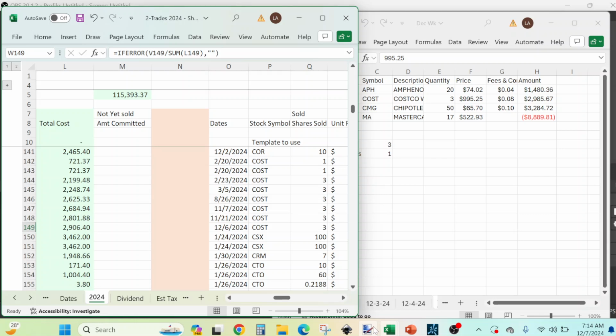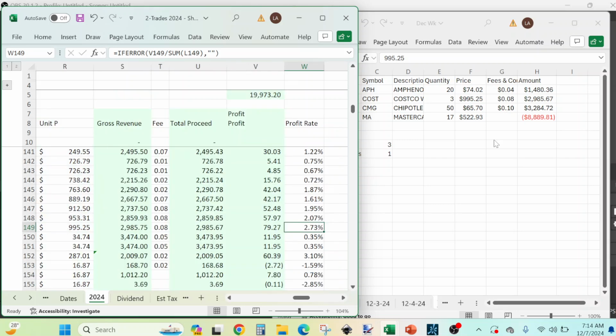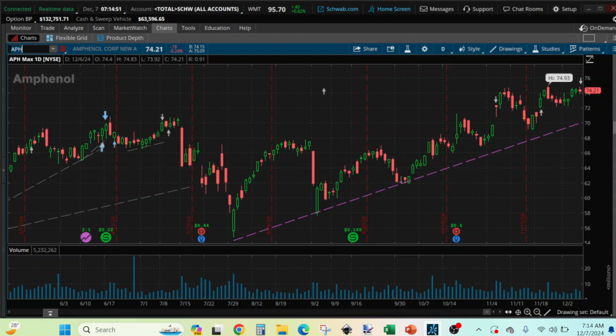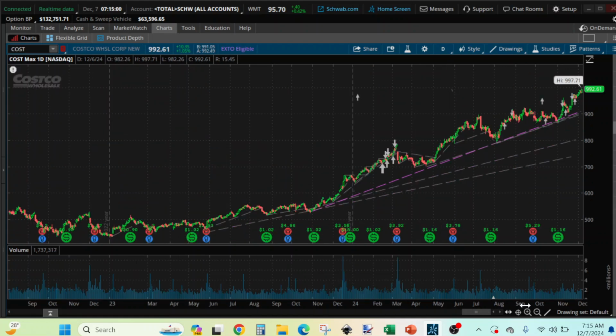Okay, so now we are going to go to the third one, CMG. And for Costco, we can look at Costco here. We have the purple line that we like to trade it on, and again we bought it away from that line, and it could continue going up.